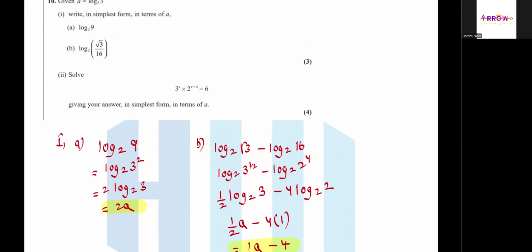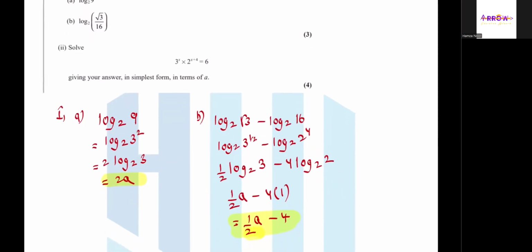Then according to the power law, this power half can come down over here. So half is multiplied by log with the base 2 argument 3, and the power 4 will come down in the same way, and then we subtract 4 multiplied by log with the base 2 argument 2.